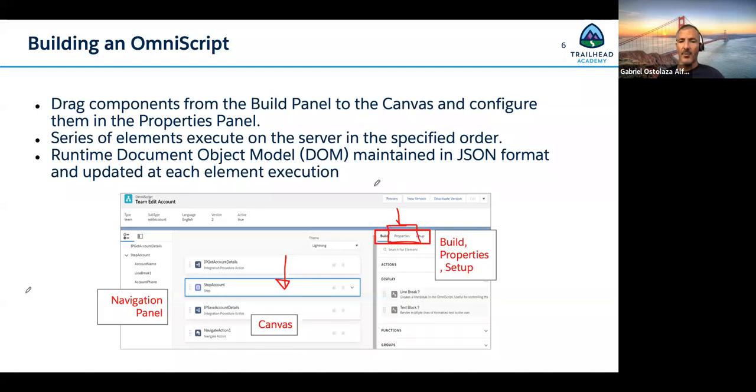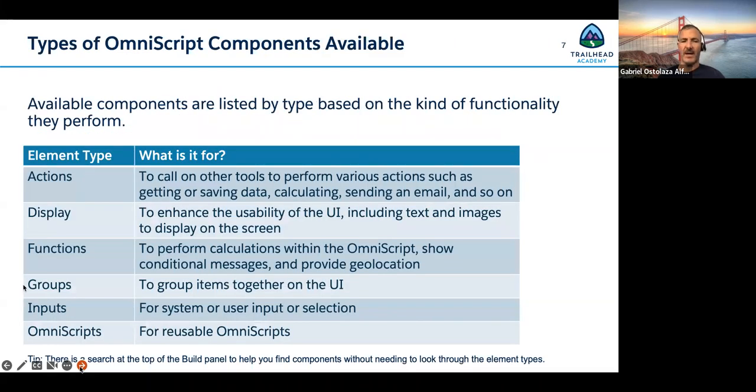And while on preview, you're going to have a document object model or JSON DOM that is going to be maintained throughout the execution of the Omniscript, and is going to get all the responses from all the elements, regardless if they are Lightning Web components or if they are services or methods from a class or data raptors or whatever type of action.